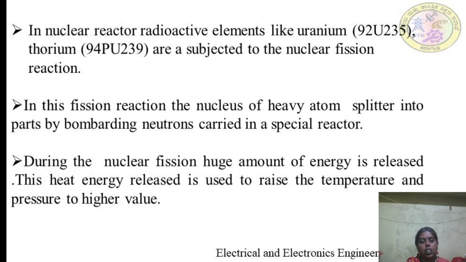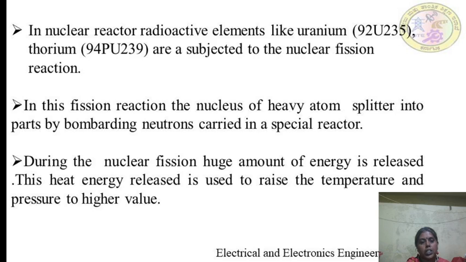Next, we will discuss the working of a nuclear power plant. In a nuclear reactor, radioactive elements like uranium-235, thorium and plutonium-239 are subjected to the nuclear fission reaction in the reactor.